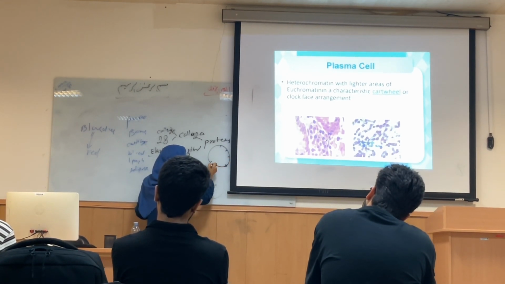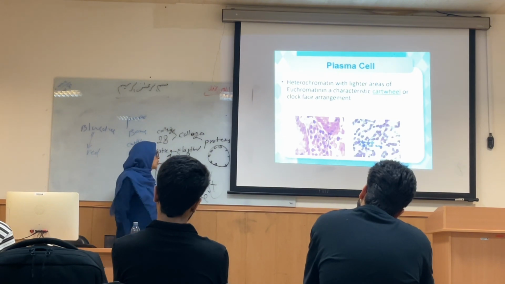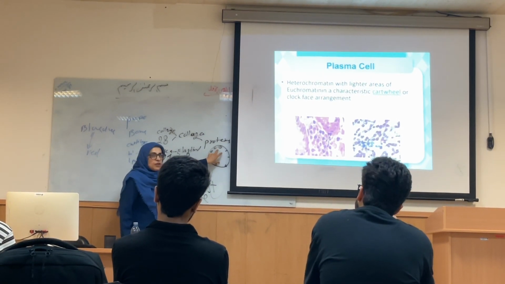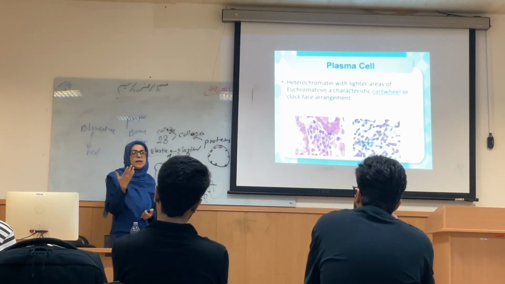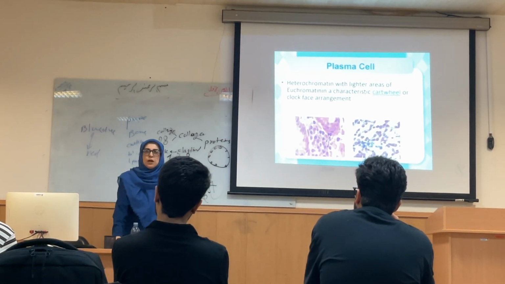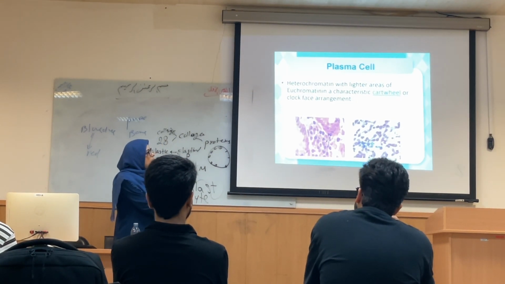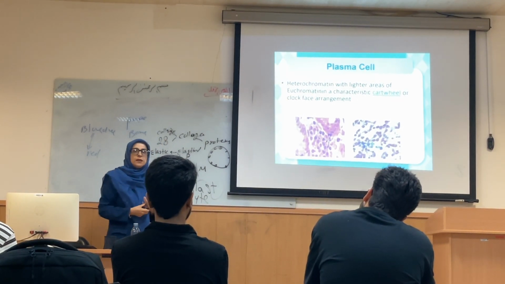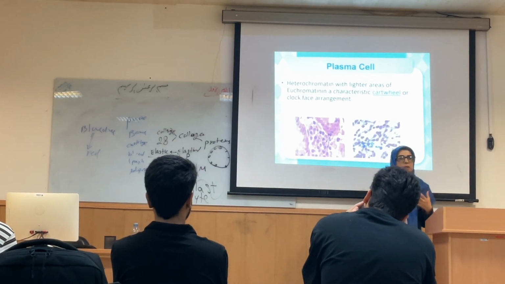The numbers of the clock are heterochromatin, and the face of the clock is the euchromatin. We say that the pattern of the chromatin in the plasma cell is like a cartwheel or clock face. That is a specific structure of the plasma cell.